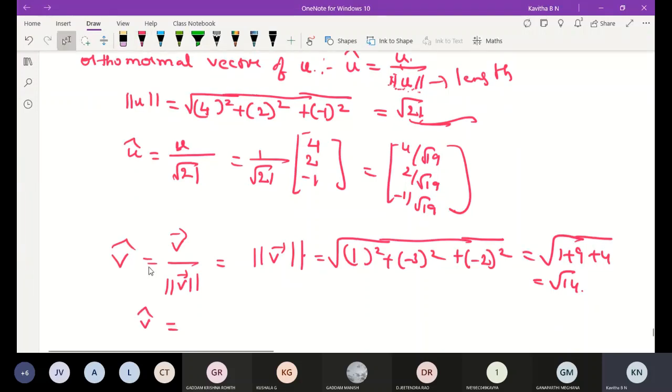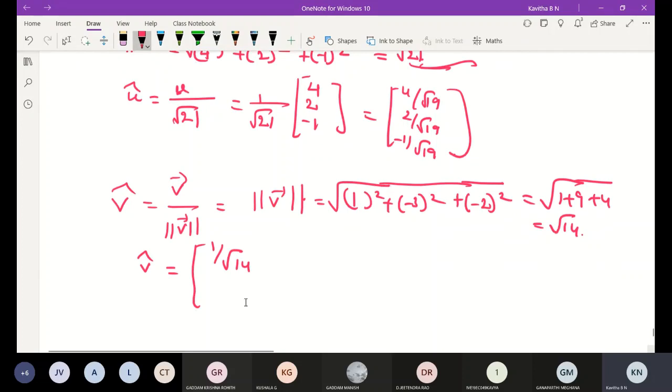Then v cap is 1 by square root of 14, minus 3 by square root of 14, minus 2 by square root of 14. This is the required answer.